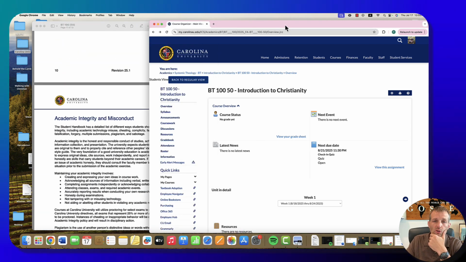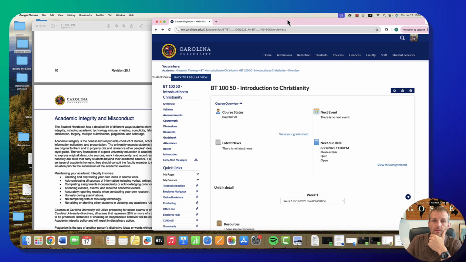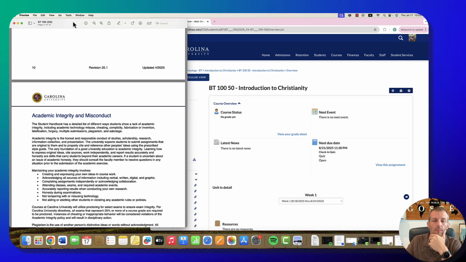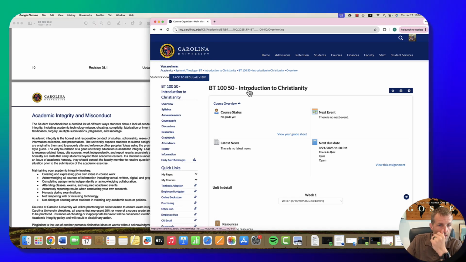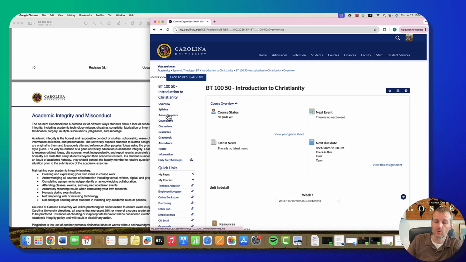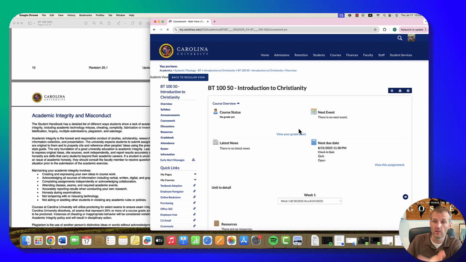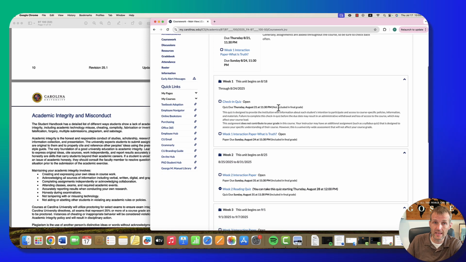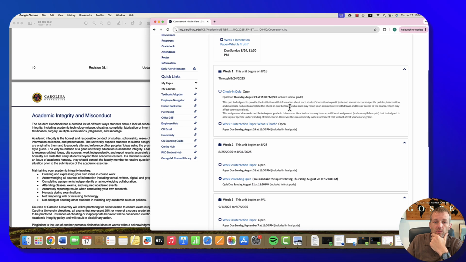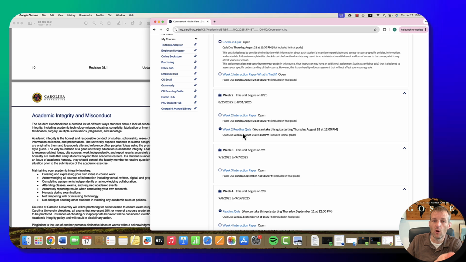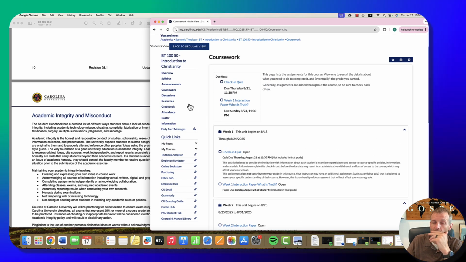If you're watching right here, here is sort of the course platform you're going to be using. You're going to have announcements every single week, multiple announcements per week. Your coursework is going to be listed here, showing you what's due each week. Some of them will be open immediately. Some of them will not be open until a certain time.